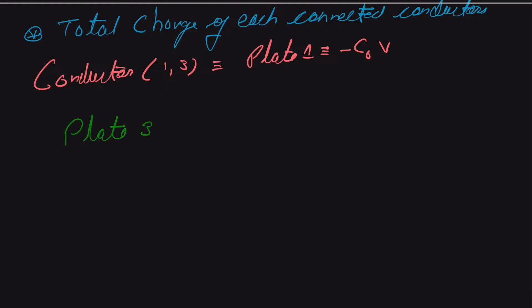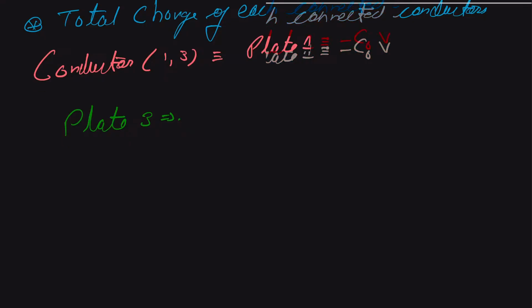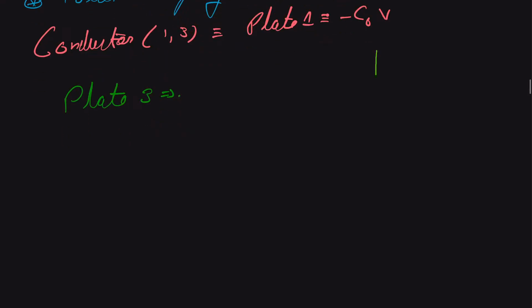Now this plate 3 is going to receive charge from two gaps. Let me draw it here. So this is our 1, 2, 3 and 4. Plate number 1, plate number 2, plate number 3 and plate number 4.